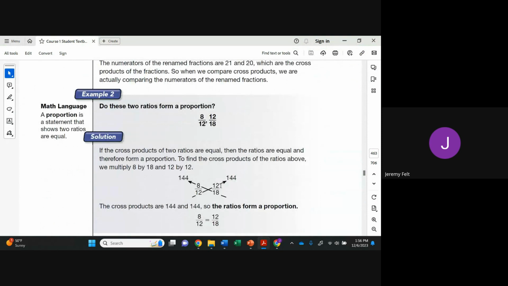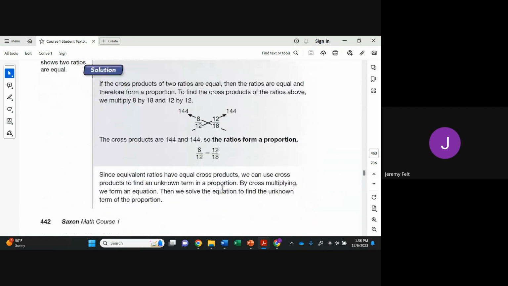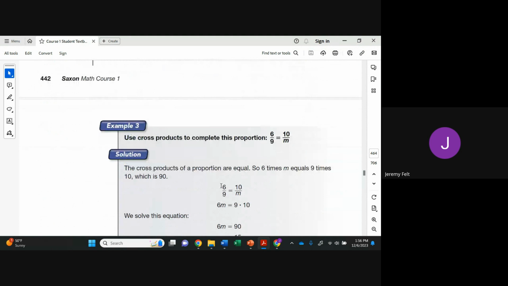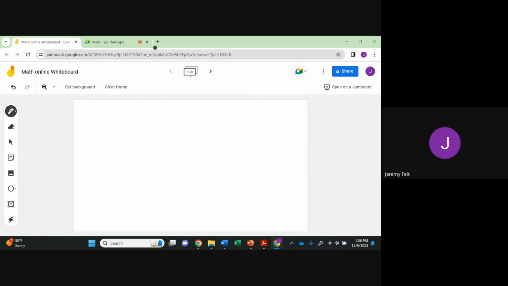8 and 12 and 12 and 18, do these ratios. 8 times 18 is 144. 12 times 12 is 144. So they are proportional. Now, this is where we talked about, well, we have an unknown. We got to find something that's equal to 6/9, and it's 10 over m. Okay, so we're told they're equal. So we know that this fraction reduced would have to equal this fraction reduced.